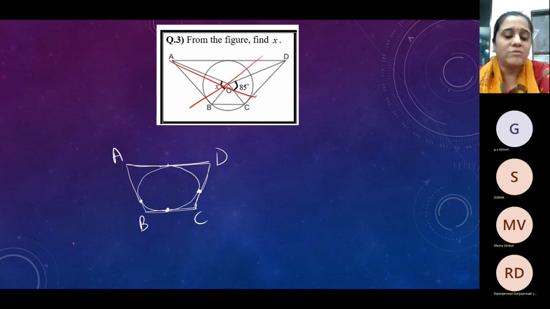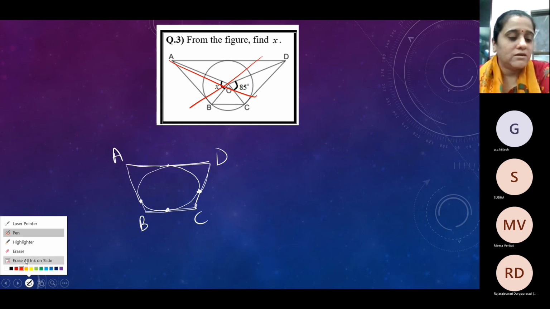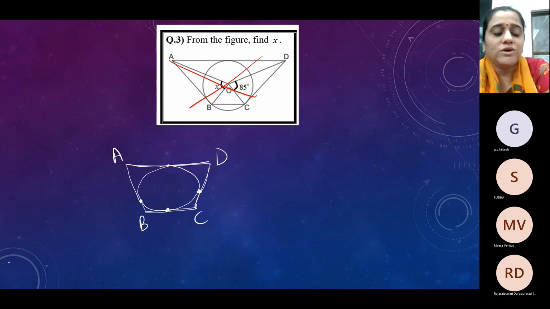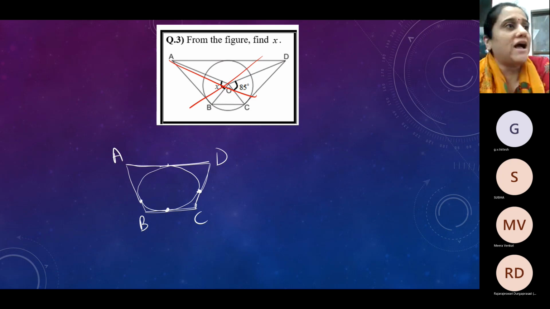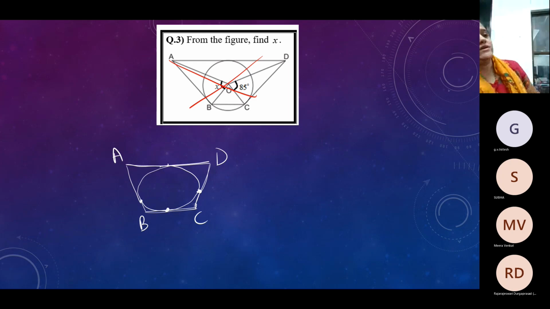This figure is incorrect. I'm talking about this figure. You can see that in quadrilateral ABCD, AB, BC, CD, and AD are tangents to the circle. So we say that the sides of the quadrilateral are tangential to the circle.